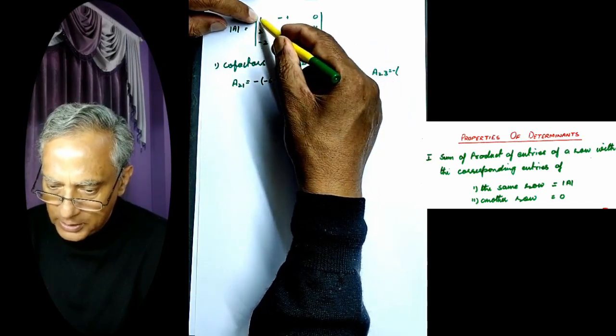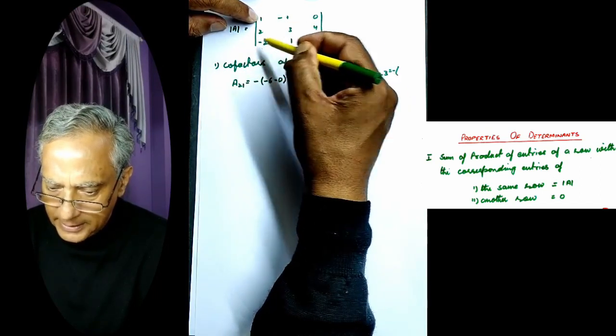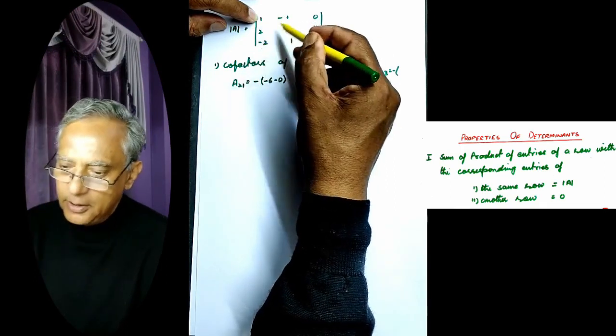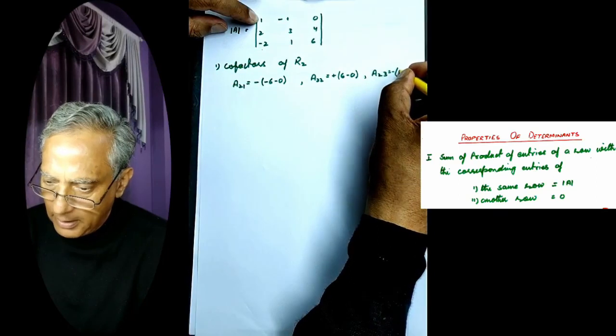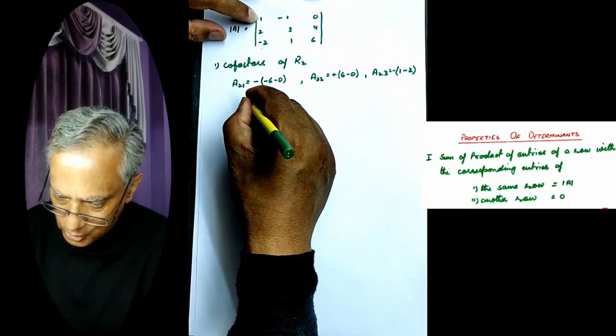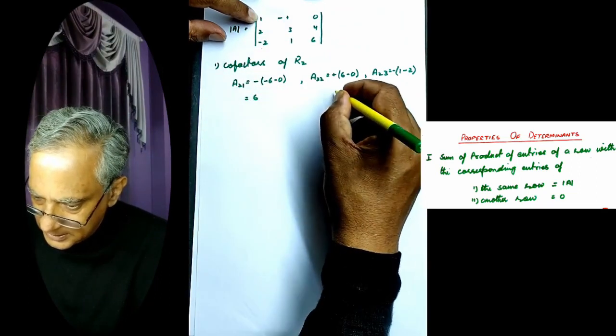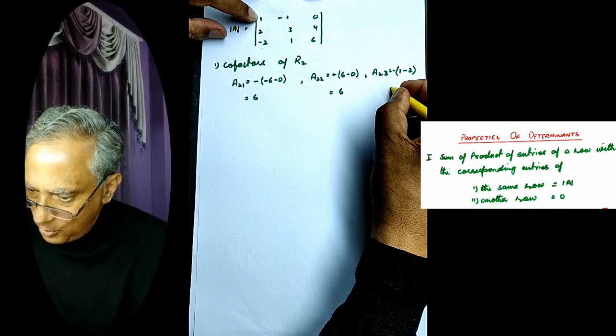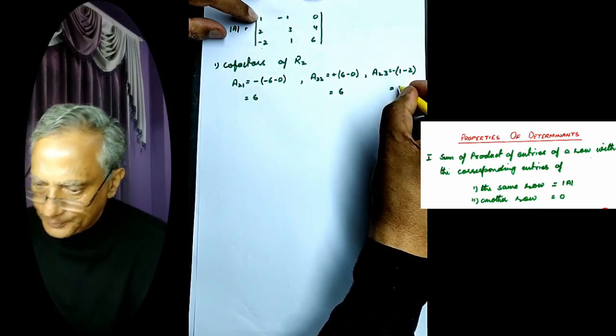So this into this will be 1 and this into this will be 2. So 1 minus 2. So this is equal to 6, this is equal to again 6, and this is equal to 1.